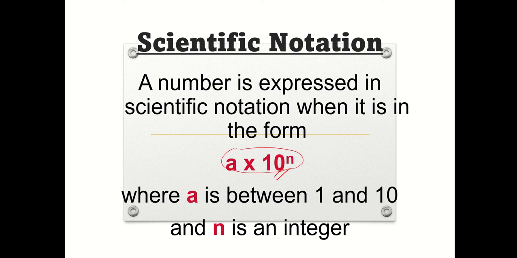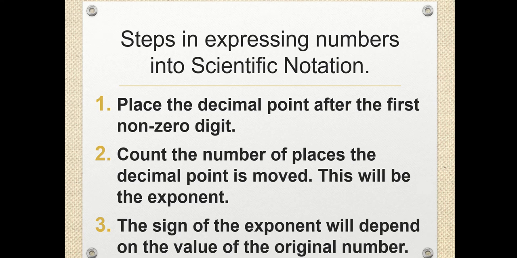So yung exponent natin, yun yung n. Here are the steps. Alam niyo na po yan. First, place the decimal point after the first non-zero digit. Number 2, count the number of places the decimal point is moved. And the third is to put a sign on your exponent.